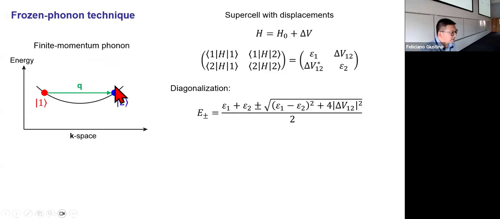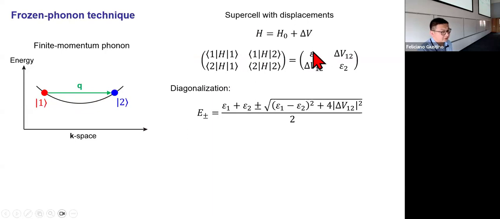So let's say, for example, we have a phonon mode introduced in a supercell with displacement. Basically we introduce a change of the potential, delta V, on top of the original Hamiltonian at the equilibrium position, H0. So we now have a new perturbed Hamiltonian. If we just look at the subspace made by these two states 1 and 2, we can compute the matrix elements of the Hamiltonian in this subspace, and this is what we get.